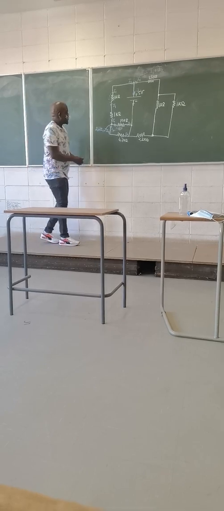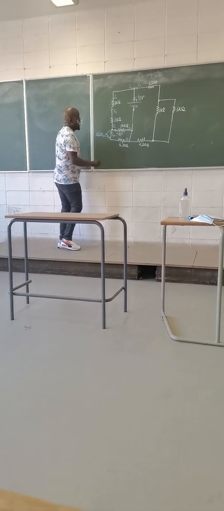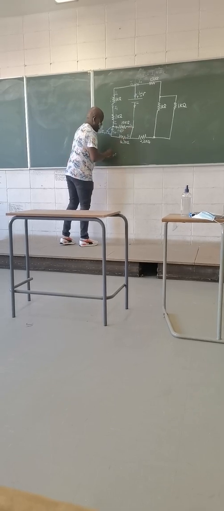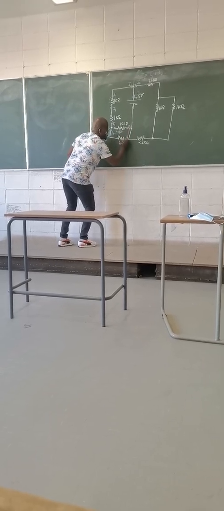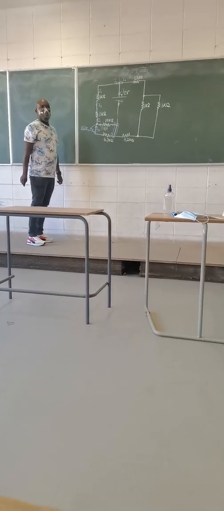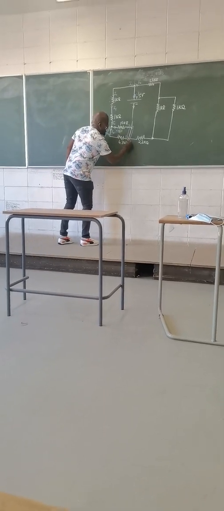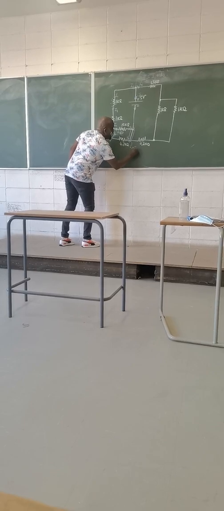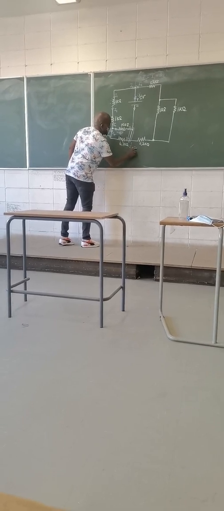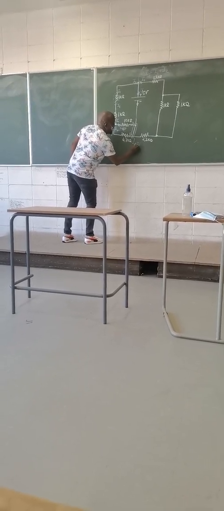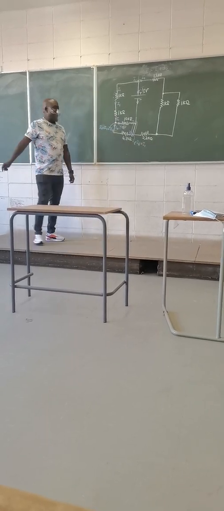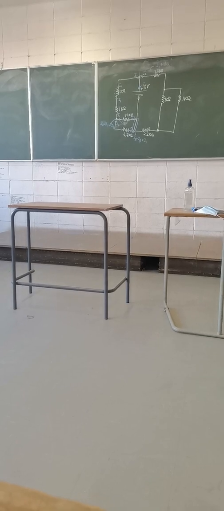Would I be wrong if I say that at this magnitude here, that is where I have I1 plus I2, that is, I3 plus I4 is equal to I1? No.